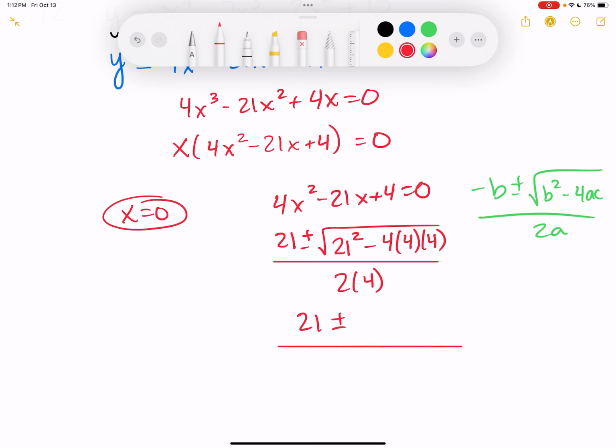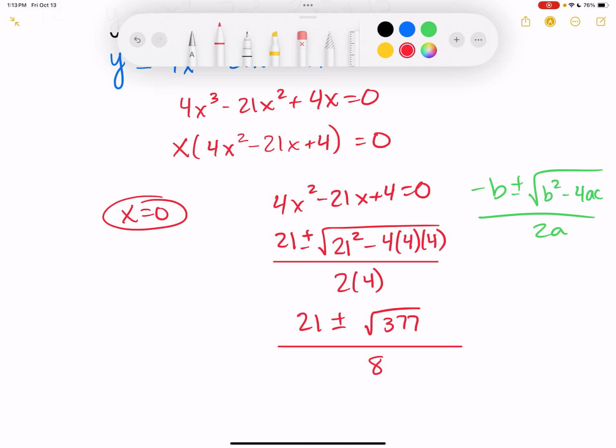It's 8. Oh, good job. So basically, what's 21 squared minus 4 cubed? I got 377. But then the square root, that's like 19.4.